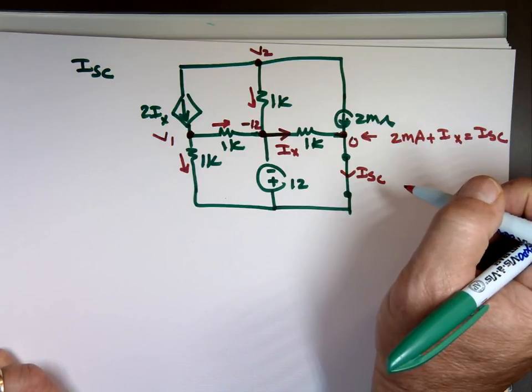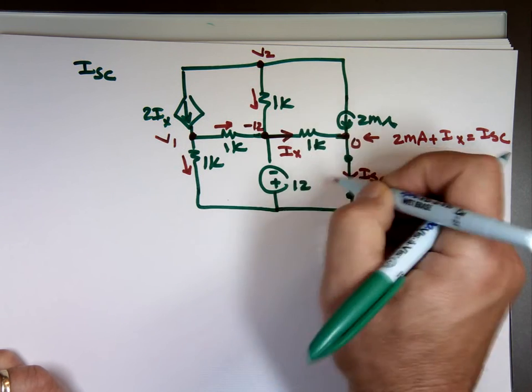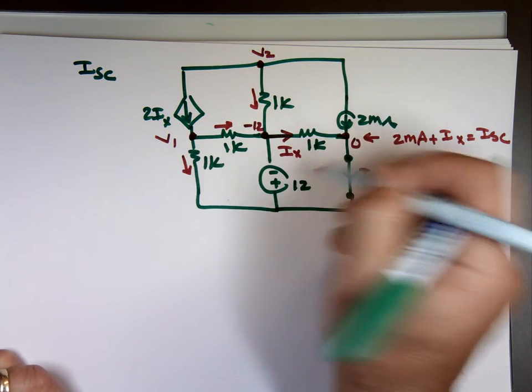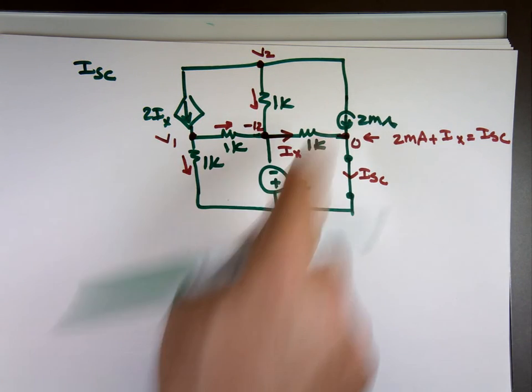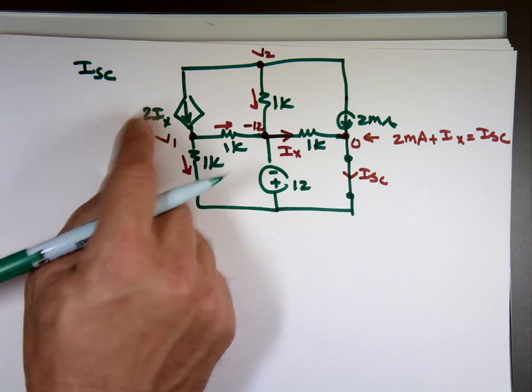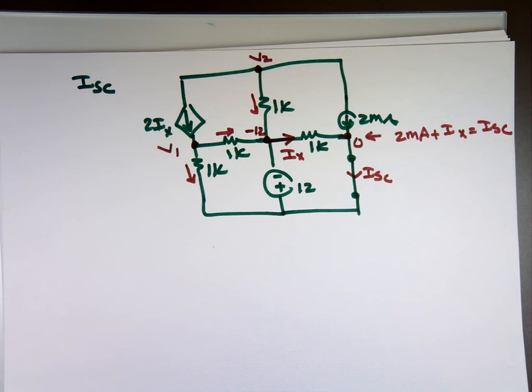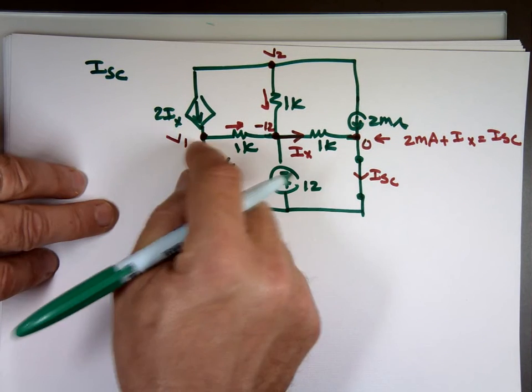If I do a mesh equation, it's still the same thing, because I know that current, right? And this current will be negative 2 I sub x. It'll be 1 here. 3 equations by 3 unknowns. So it doesn't really matter what I use there. So let's use this one. KCL at V1.